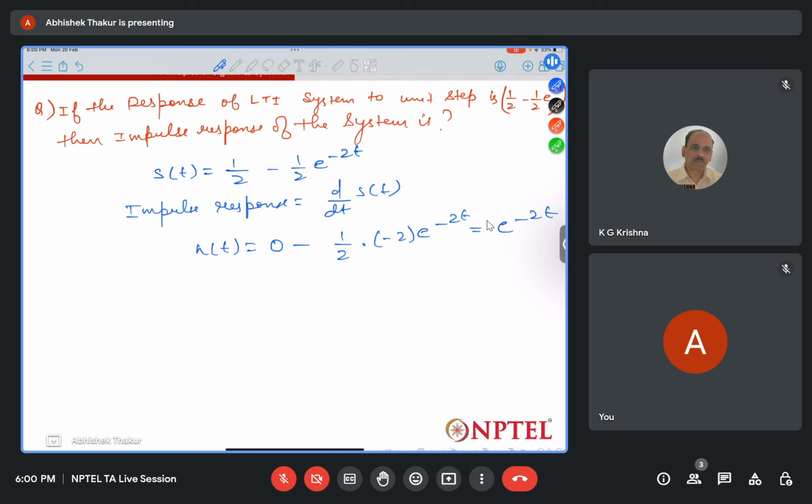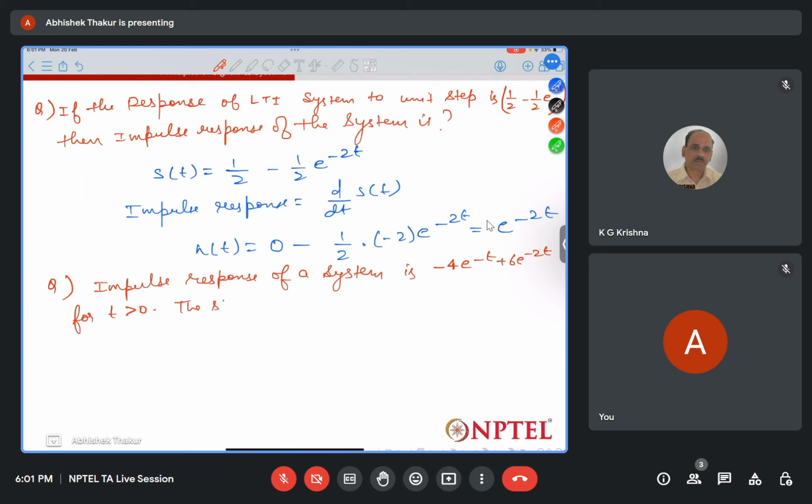Now if it is given that the impulse response of a system is, let's suppose it is given as the impulse response, now the step response of the same system we have to find.